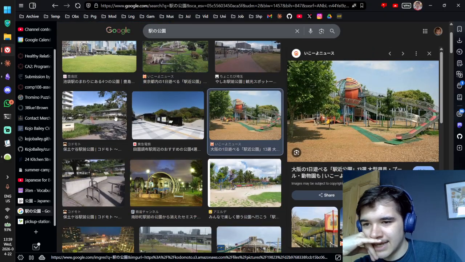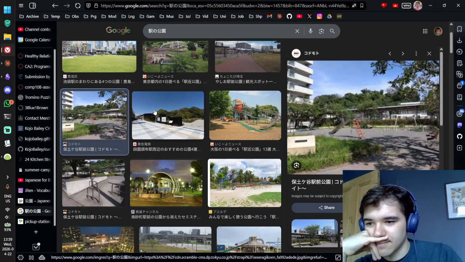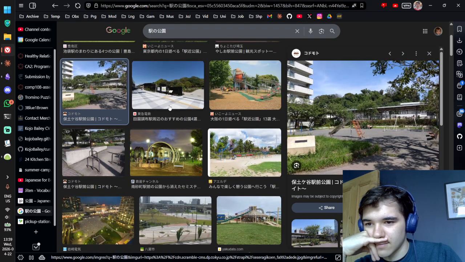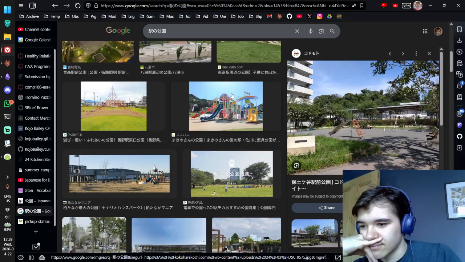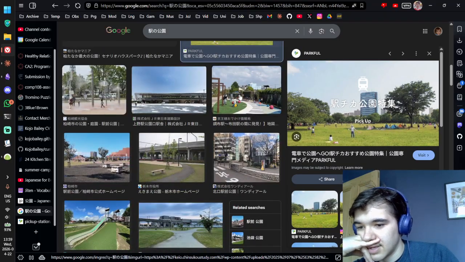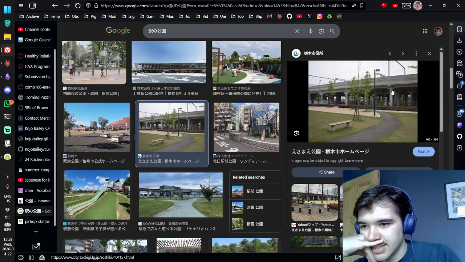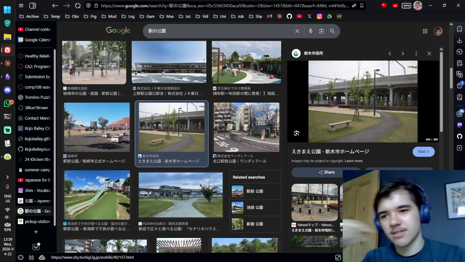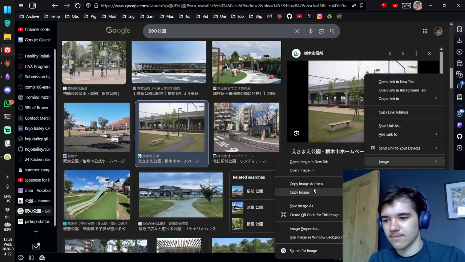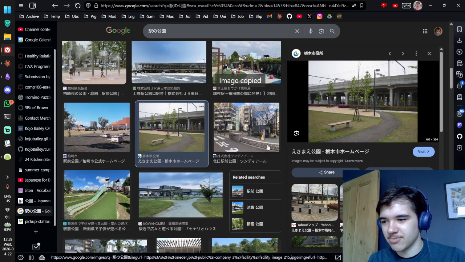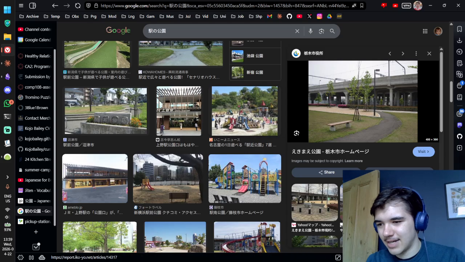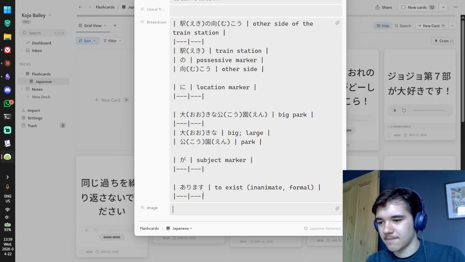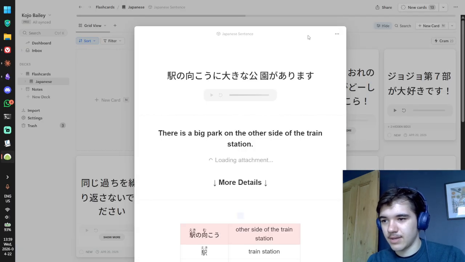Like I need a train next to a park, and that'd be perfect. Is that a train? Maybe it's just this image or this one. Or is that a train? Yeah, that is a train actually. Okay, let's do this one. I mean, it's a very sad picture, but it does kind of get the point across. And there you go.